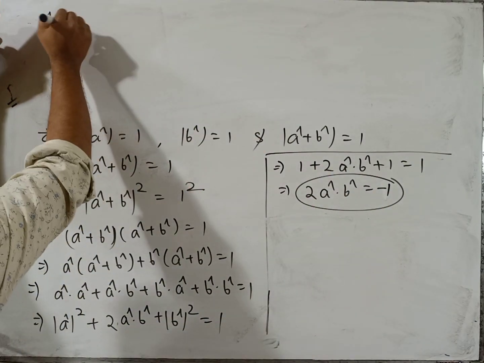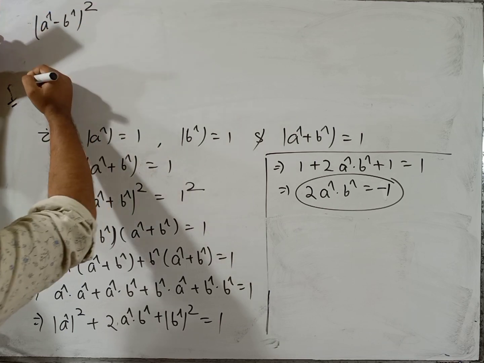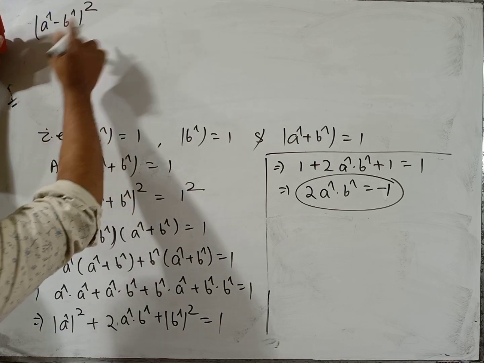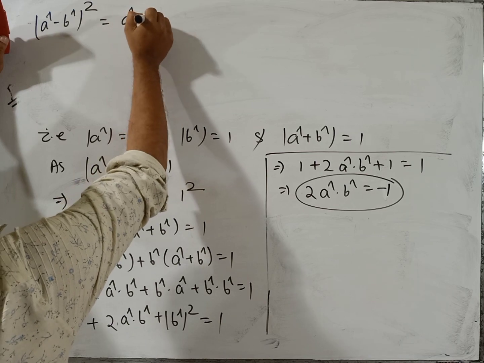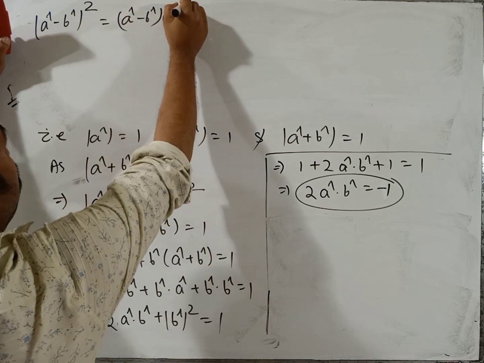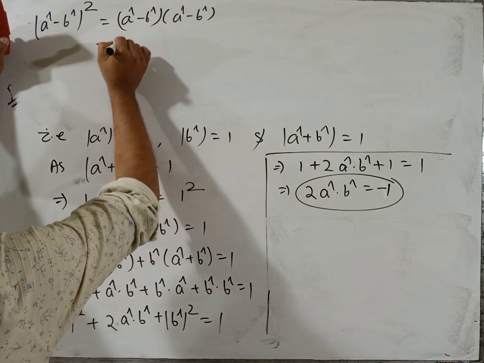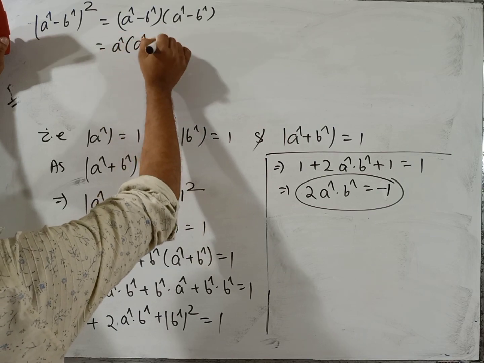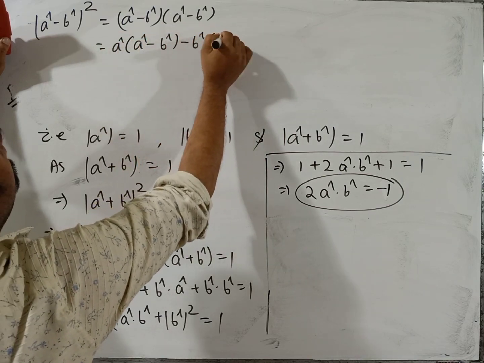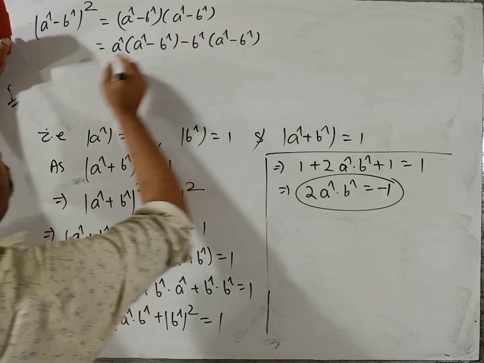Now the whole square of the magnitude of A cap minus B cap will be A cap minus B cap multiplied with A cap minus B cap. A cap multiplied with A cap minus B cap, minus B cap multiplied with A cap minus B cap.